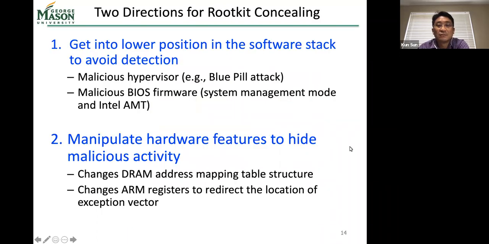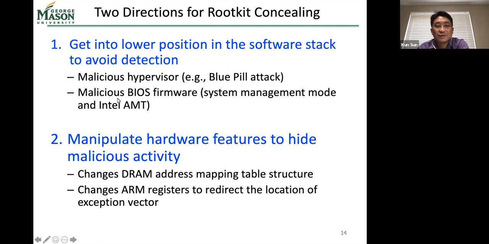To achieve a stealthy rootkit, there are in general 2 directions. One is getting a lower position, meaning higher privilege in the whole software stack. For example, some malware compromises the hypervisor, then all the virtual machines are vulnerable, maybe compromised, because the hypervisor has higher privilege than the virtual machines.